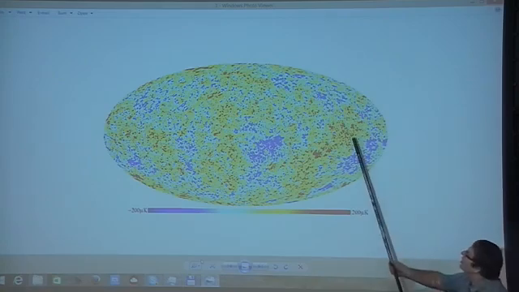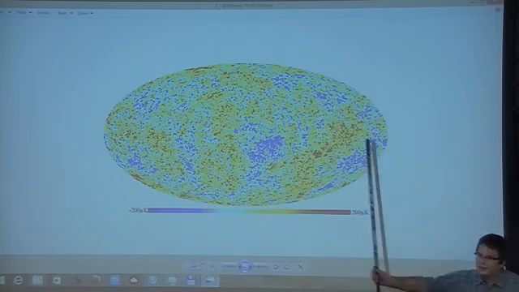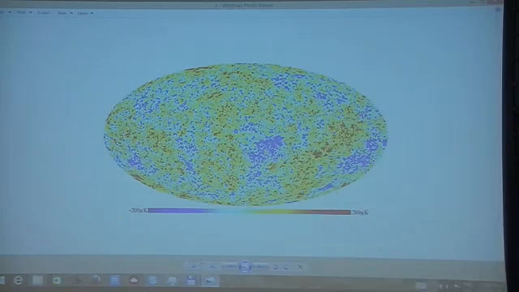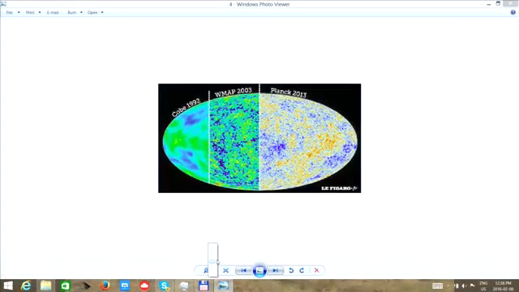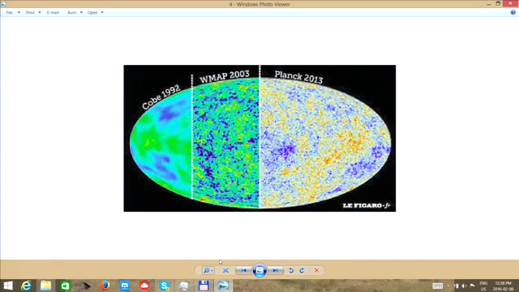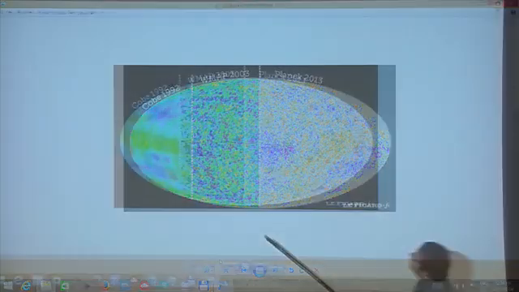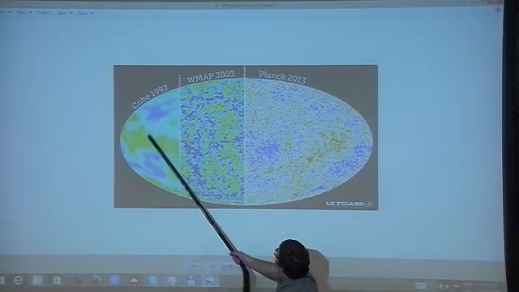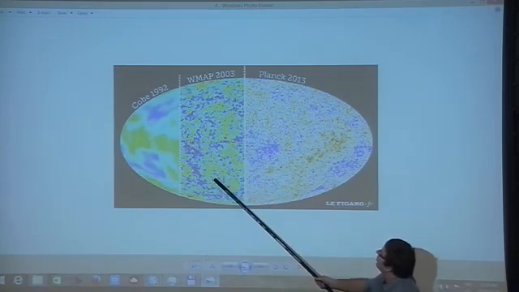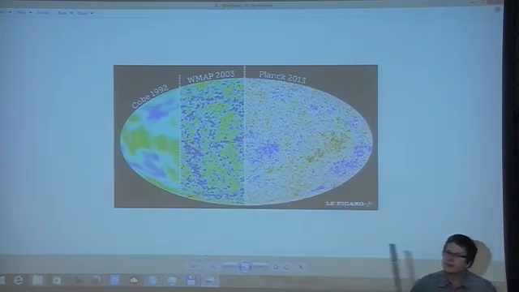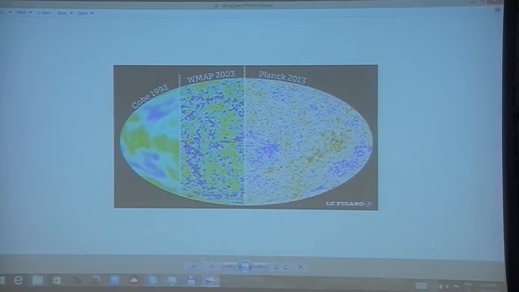So it's really teeny fluctuations, but it's the most accurate map of these CMB fluctuations. So now here is the comparison. This will be very bad quality, but anyway. So how it evolved: this is COBE in 92, then WMAP got a little bit better, and now we have perfect resolution, this is Planck in 2013.